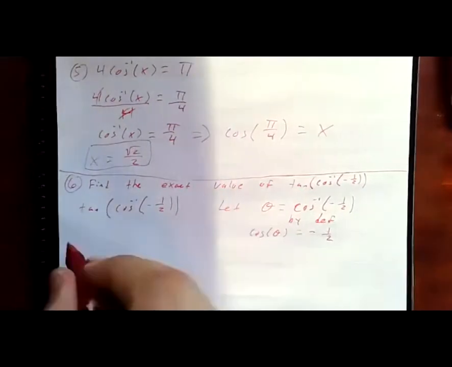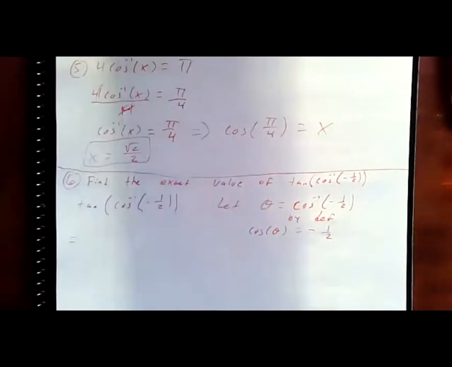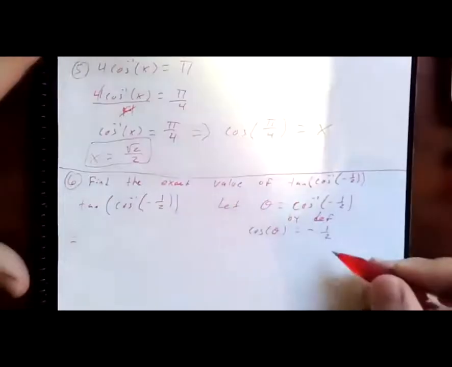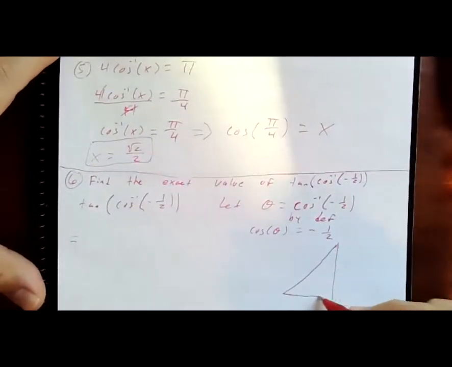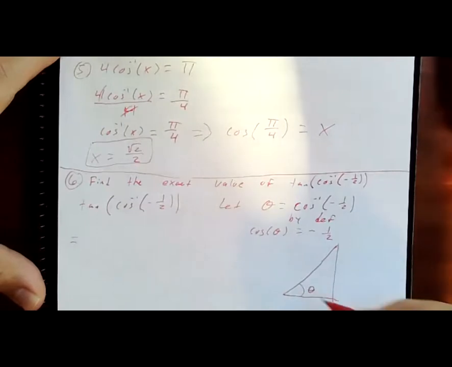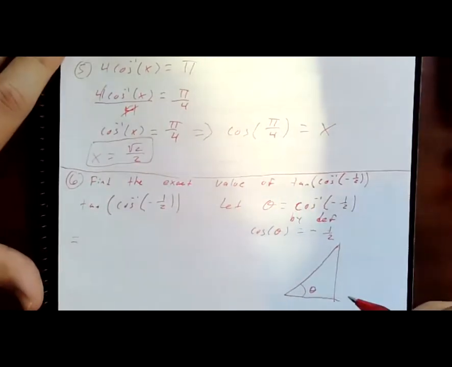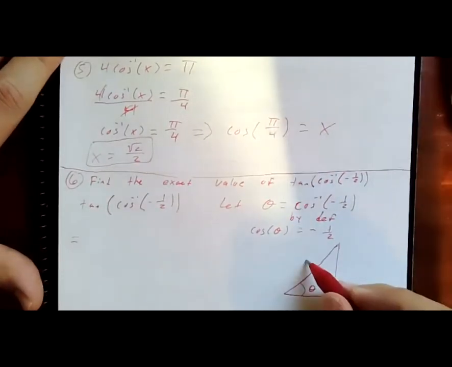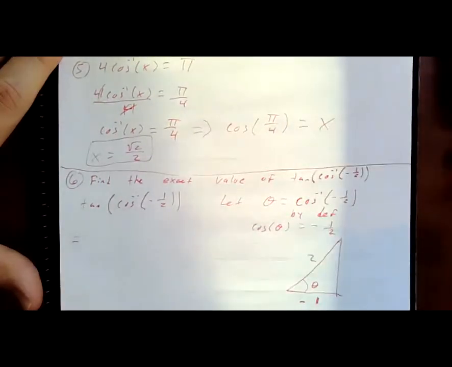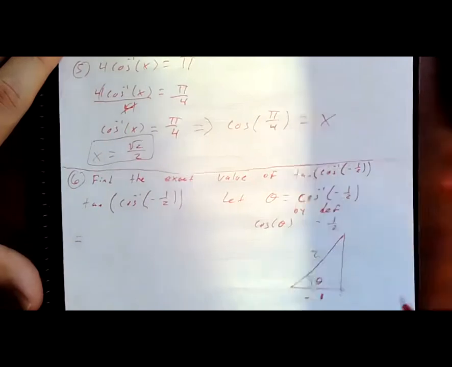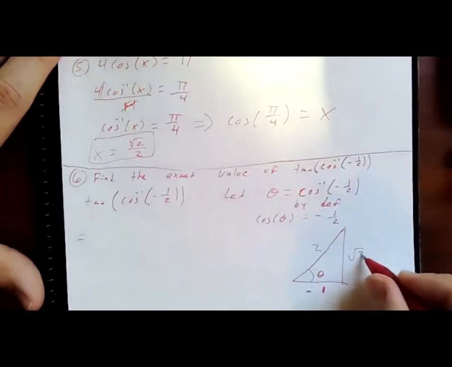That's what we're looking for. So hypotenuse is 2, adjacent is negative 1. Do your Pythagorean theorem and you'll get square root 3 here. Let's skip that step.